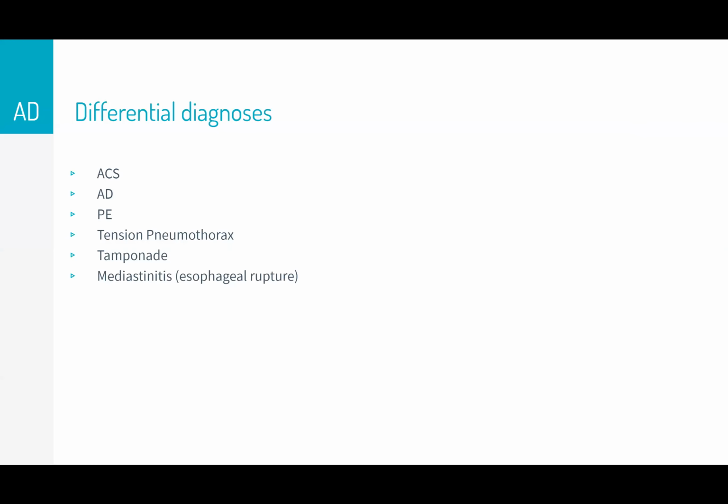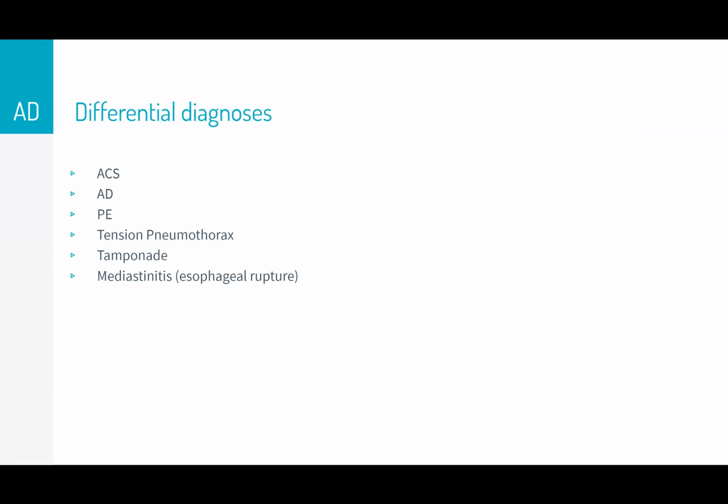One of the things that makes diagnosing aortic dissection difficult and easy to miss, even though it's life-threatening, is that its presenting symptoms are most of the time similar to other more common presentations, like acute coronary syndrome, PE, tension pneumothorax, tamponade, and mediastinitis, which usually happens due to esophageal rupture.